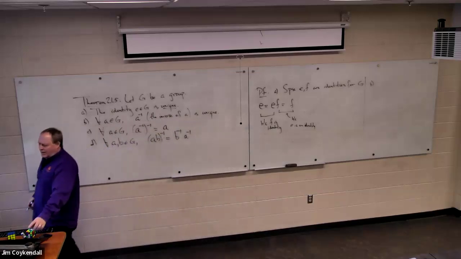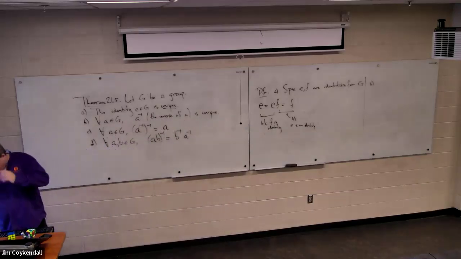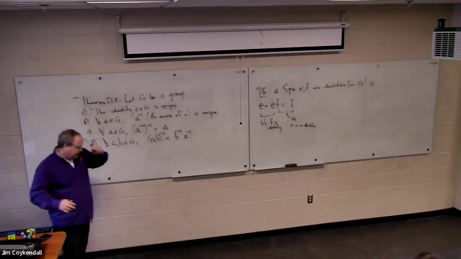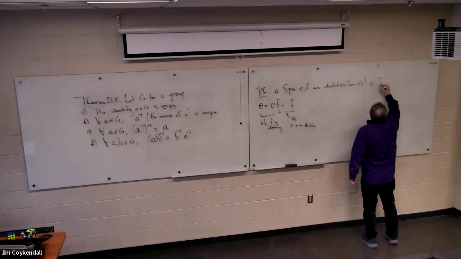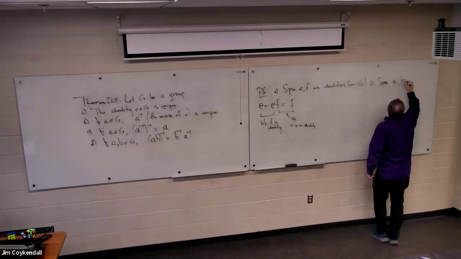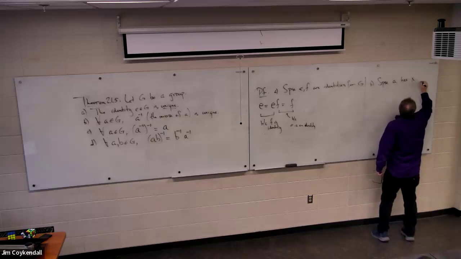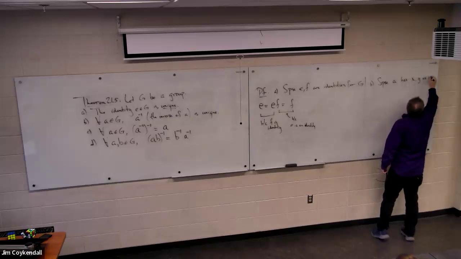Now I want to show that if you have an inverse, that it is also unique. So let's suppose A has X and Y as inverses.